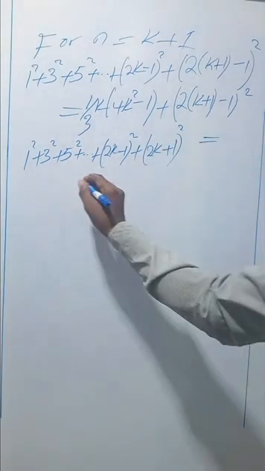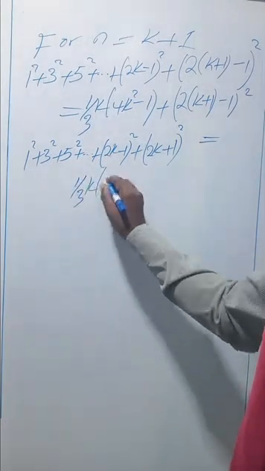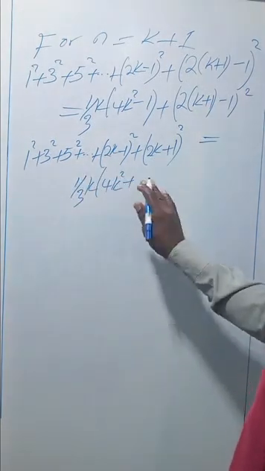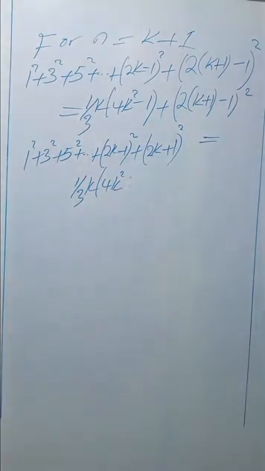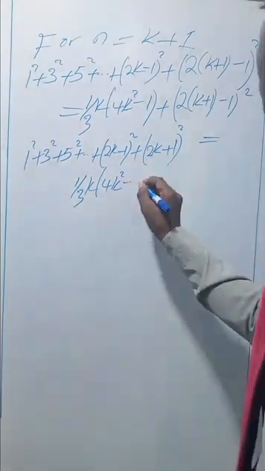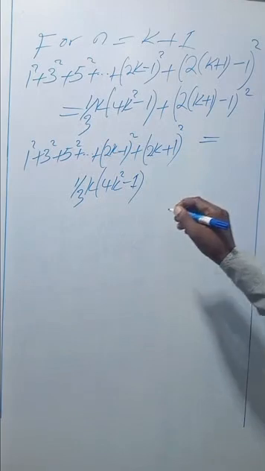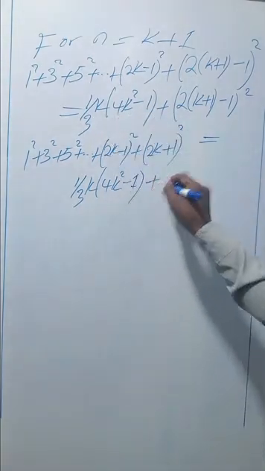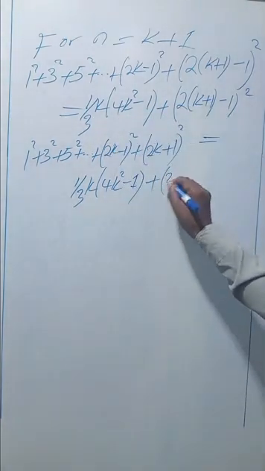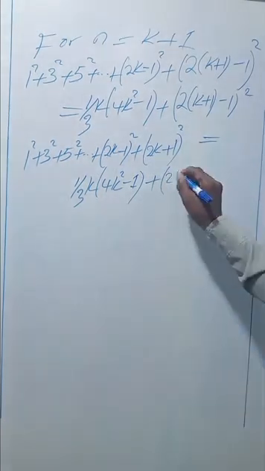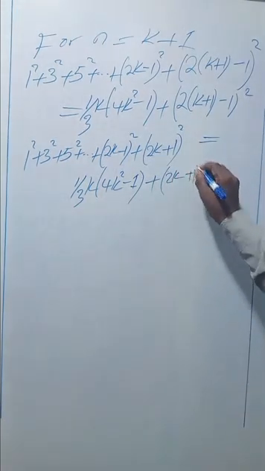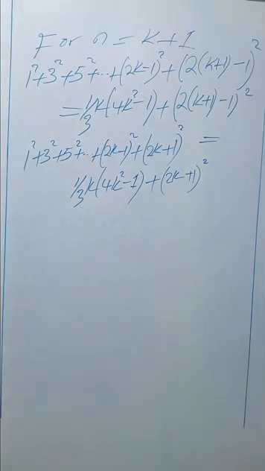Our right hand side will become 1 over 3 k, then (4k squared minus 1), then plus, we simplified this one and we got (2k plus 1) squared. There we are.